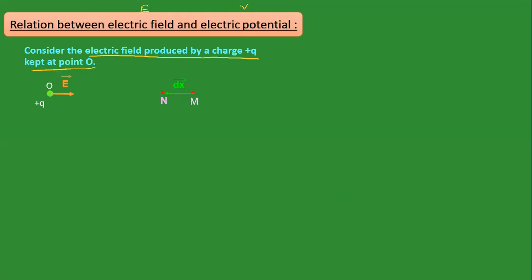The distance between M and N is dx, and this charge is plus Q. At point M, we consider a charge Q0 is placed. Q0 is what? Unit positive charge. What is unit positive charge? Unit positive charge means whose value is 1 coulomb. Okay? And this is the direction of electrostatic force acting on this charge.